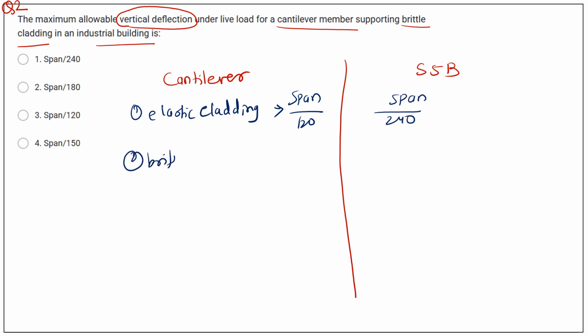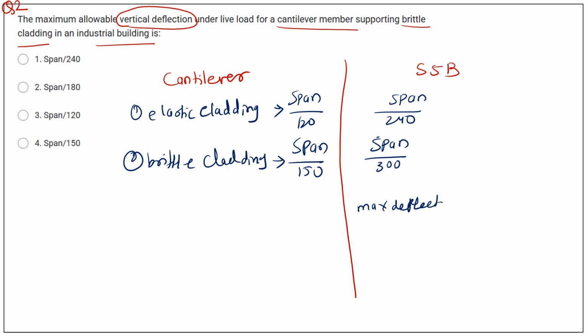If brittle cladding is present, the vertical deflection in case of a cantilever is span by 150, and in case of simply supported, the vertical deflection is span by 300. Here in case of a simply supported beam, there is one extra condition compared to the cantilever beam, which is that the maximum deflection in case of a simply supported beam is less than L by 325. L is the span, and this is the general condition for the vertical deflection in case of a simply supported beam.